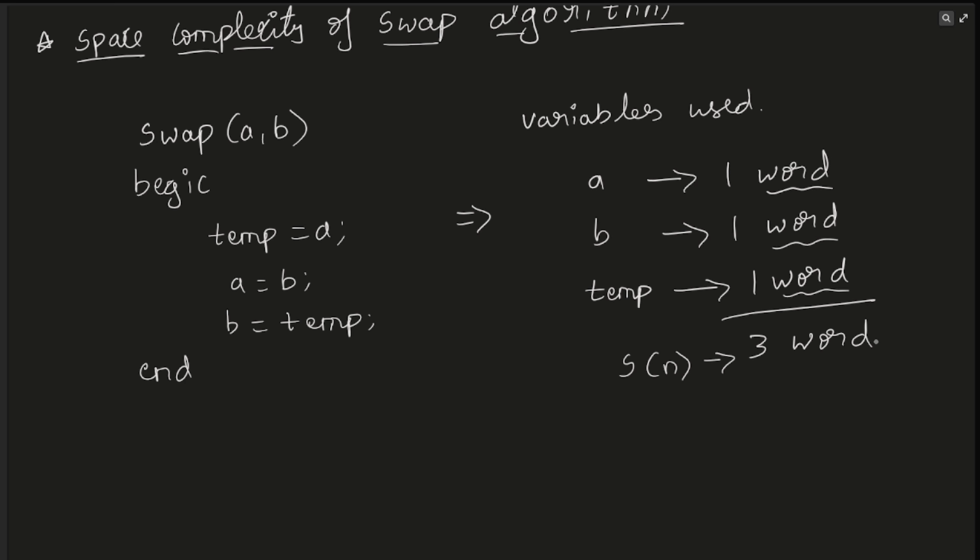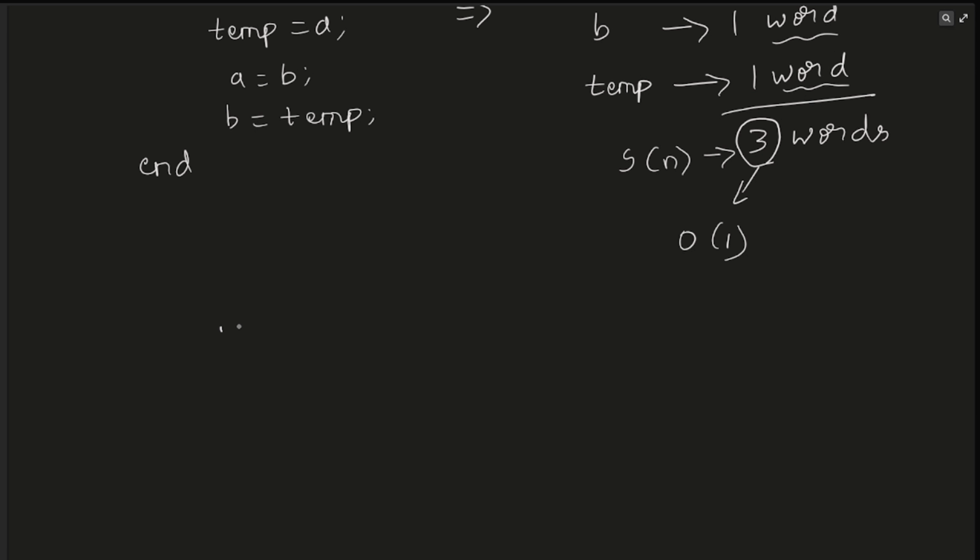This takes 3 words. As we have just now discussed in time complexity, even in space complexity, if it takes a finite unit of space, it is considered as constant space and represented using the same order of 1. Therefore, the space complexity of the swap function is order of 1.